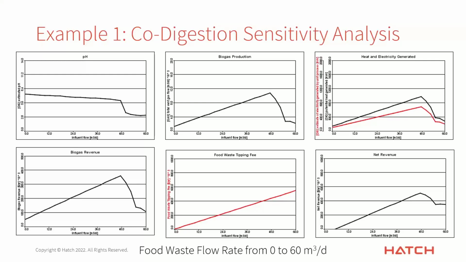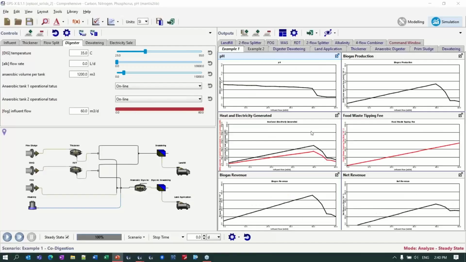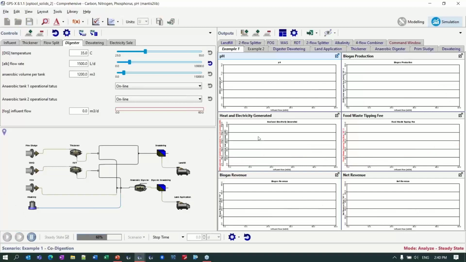Okay, so now what if we were to use some caustic, some NaOH here to kind of help this pH problem? So I'm going to put in 1,500 liters per day here. And I am going to now rerun that simulation. And we're going to do that simulation over again.